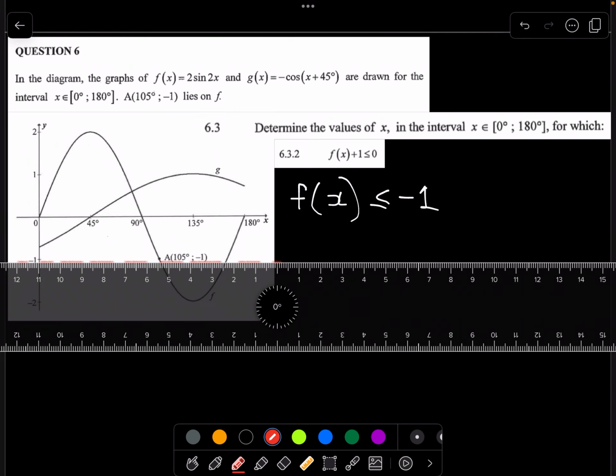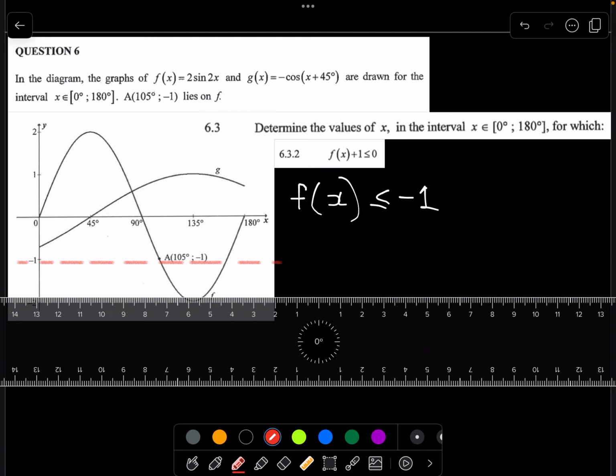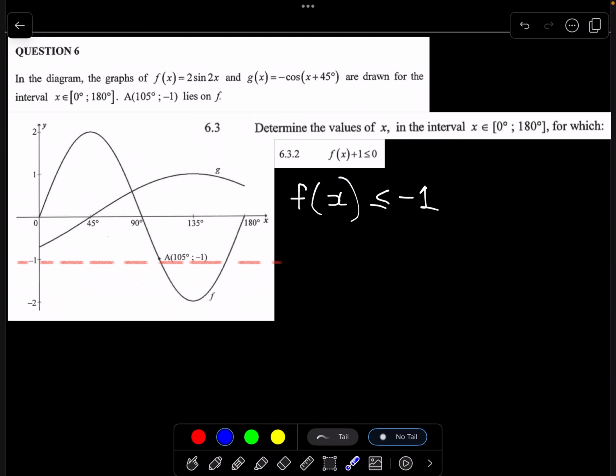Oh, and then they give us one of the points. Nice, that's very sweet. So we can draw a little line there and say, okay, f of x is smaller than or equal to negative 1 in this little interval here. And we know the interval starts at 105. Not sure where it ends, but we'll get to that.